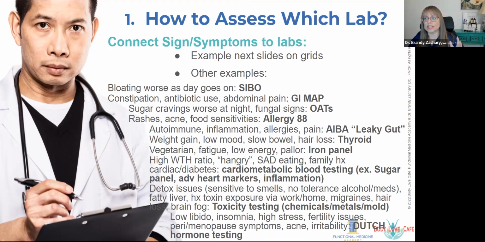Let's say you get someone with detox issues. They're sensitive to smells, right? They don't have any tolerance for alcohol or medications. You're suspicious of maybe fatty liver, or maybe they already have a diagnosis. History of toxin exposure, maybe at work or home, migraines, hair loss, lots of brain fog. You might be thinking toxicity testing.